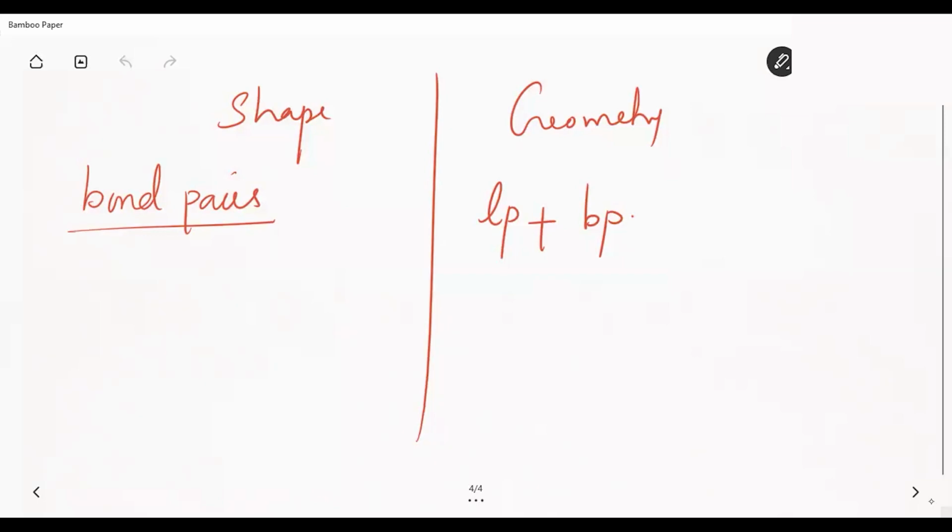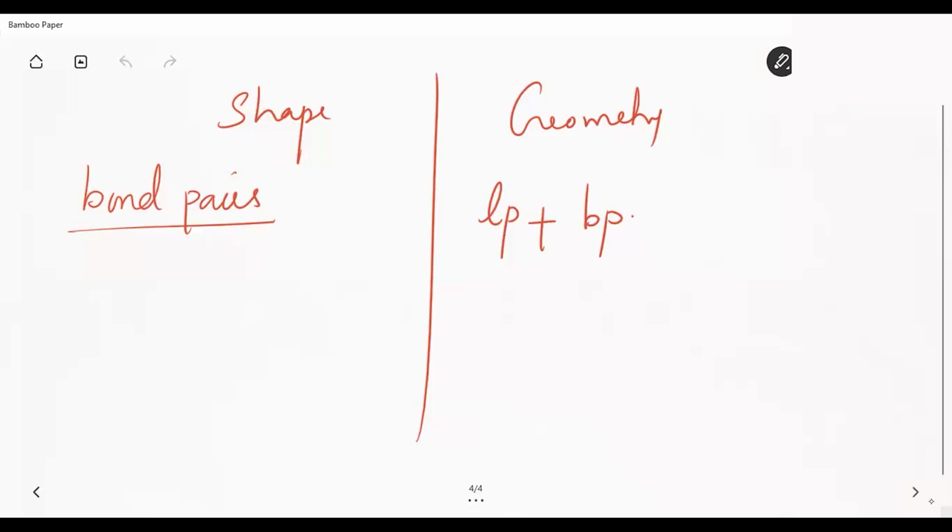Shape is determined by VSEPR theory, and for mentioning the shape of a molecule, we consider only its bond pairs. We do not worry about its lone pairs. But to explain the geometry of a molecule, we have to consider both lone pairs and bond pairs. That is the only difference.